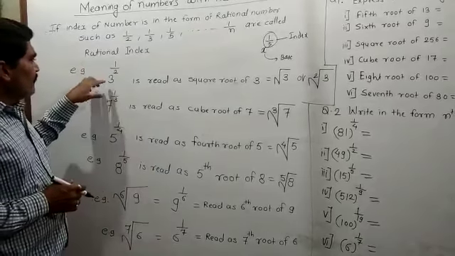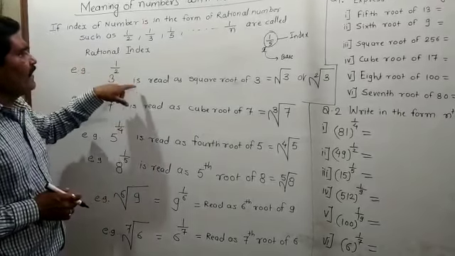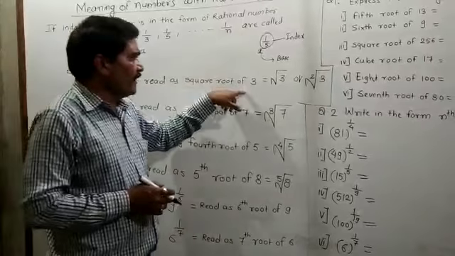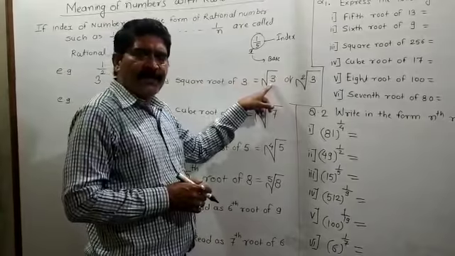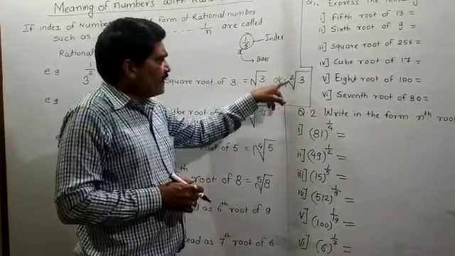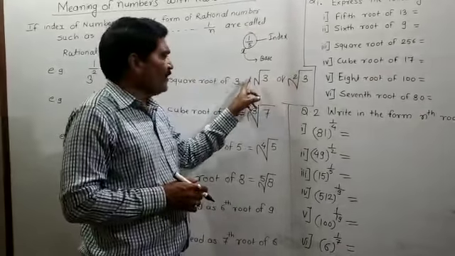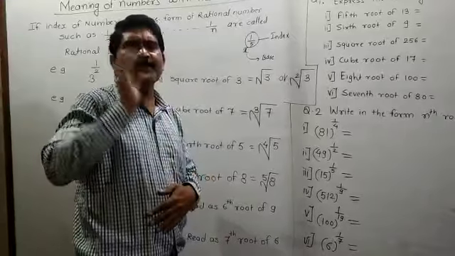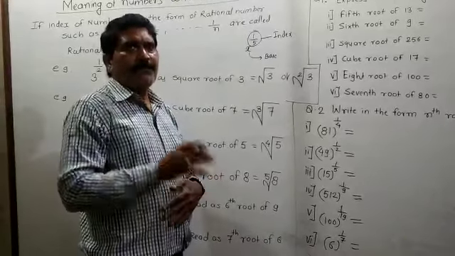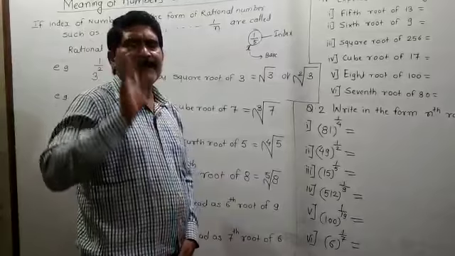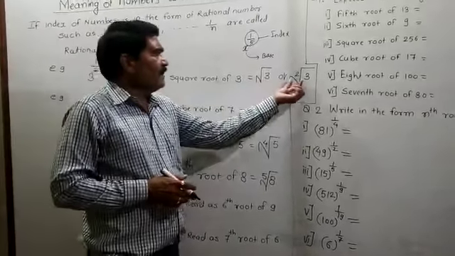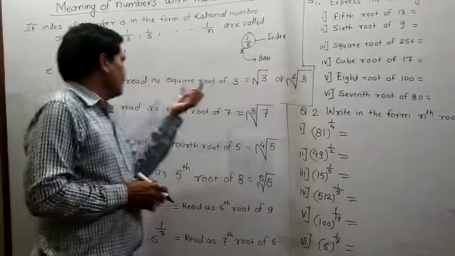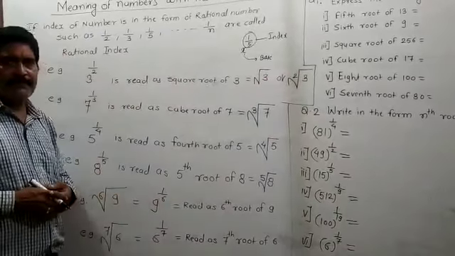Then 3 raised to 1 half you will read as square root of 3, and you will write this as the root sign of 3, and here you will write 2. If you do not write 2, then you have to consider that it is the square root. Whether you write 2 or not, you will consider this as square root, and square root of 3 is equal to 3 raised to 1 half.